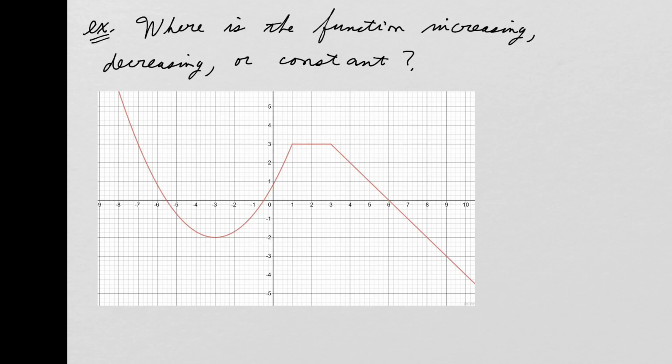Okay, so if we look at this graph, where is the function increasing, decreasing, or constant? So it starts from, let's say it starts from negative infinity, right? It's dropping, so it's definitely decreasing over this interval. And it switches from decreasing to increasing right here. So it looks like we have a local minimum at this point right here. Right, so it's a local minimum at -3, -2.